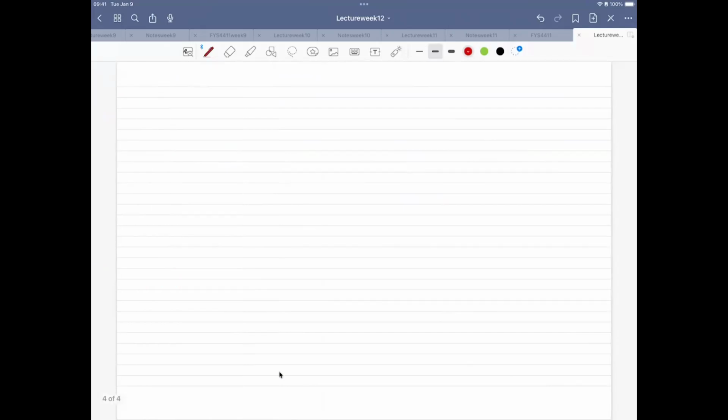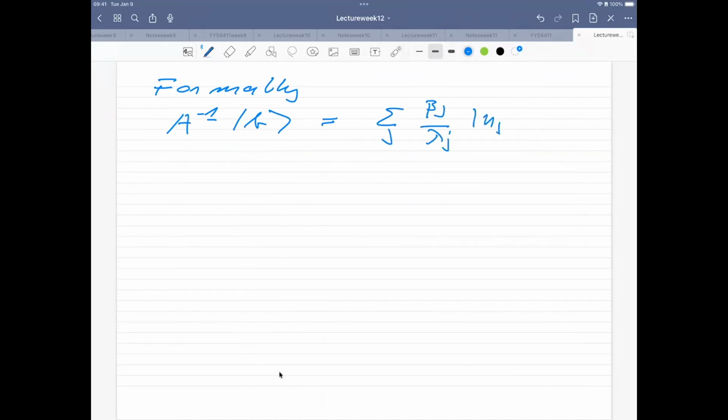So formally, what we have is the following. A minus 1 is equal to the sum over j of 1 over lambda j times Uj Uj.